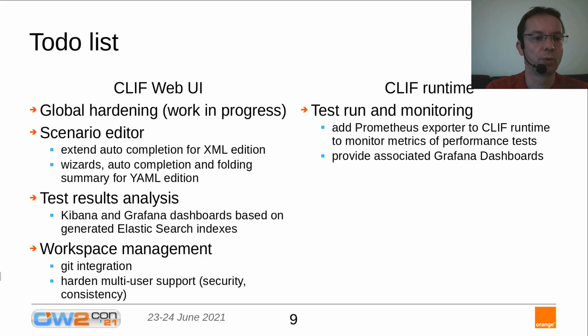Then we will have to harden multi-user aspects, and we are also thinking about providing Git repository management for CLIF project within a CLIF Web UI workspace. Note that we also plan to integrate a Prometheus exporter in CLIF runtime to allow for monitoring performance test metrics with common popular tools like Prometheus and Grafana.